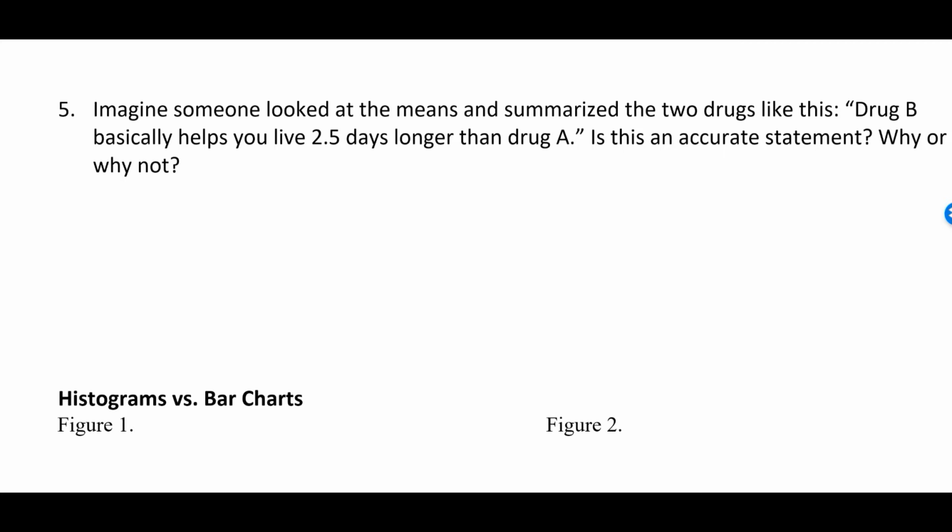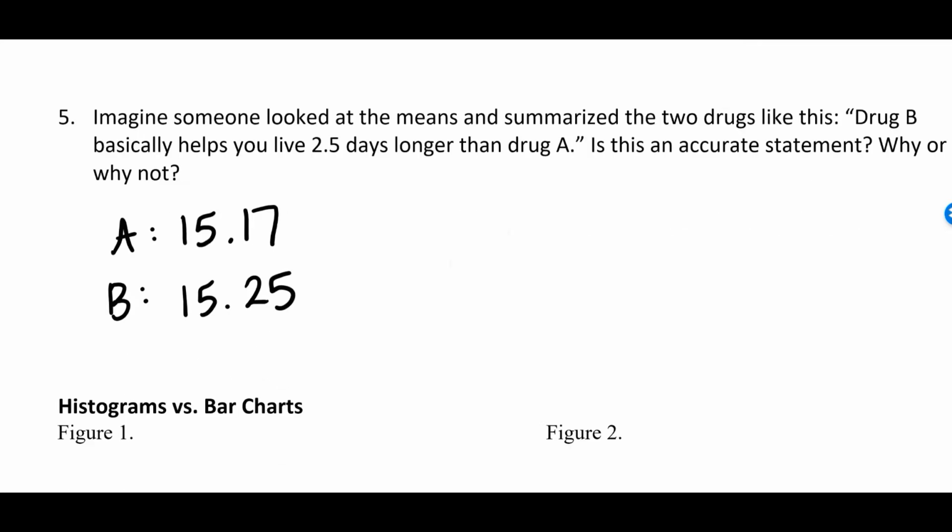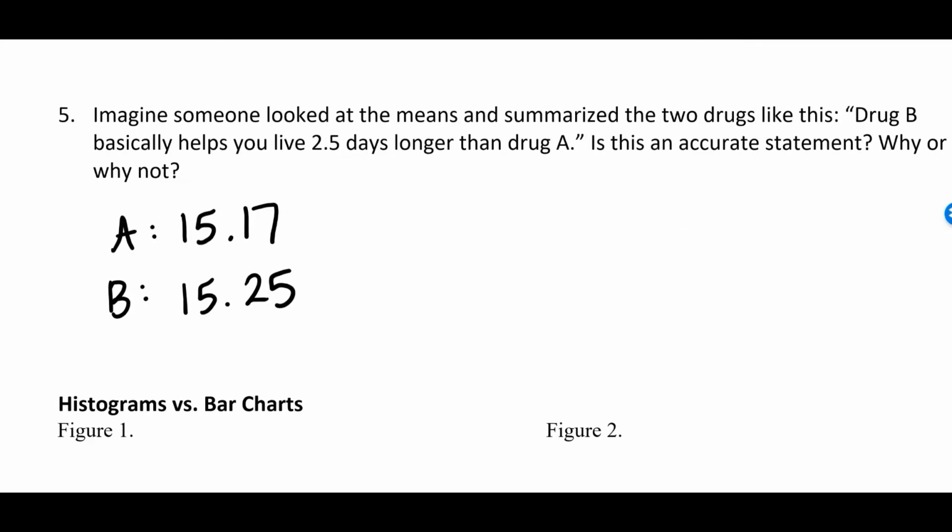Now, imagine that somebody looked at those means. The mean for A was 15.17 months, and the mean for B was 15.25 months. So in both cases, it's around 15 when we find the average of all these numbers. Imagine someone looks at these means and summarizes that with drug B, it's a little bit higher, 0.08 higher.